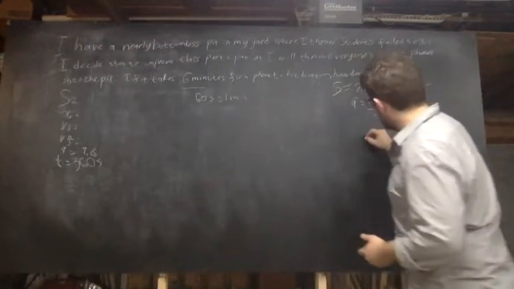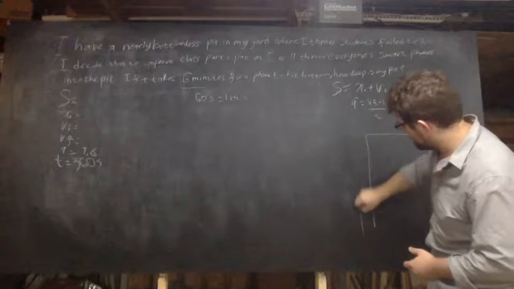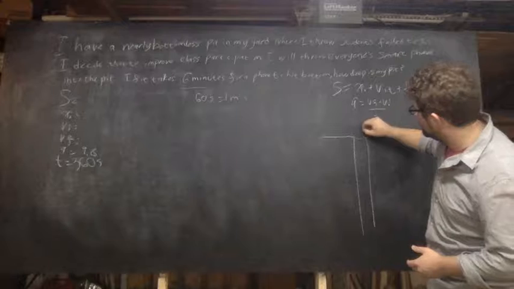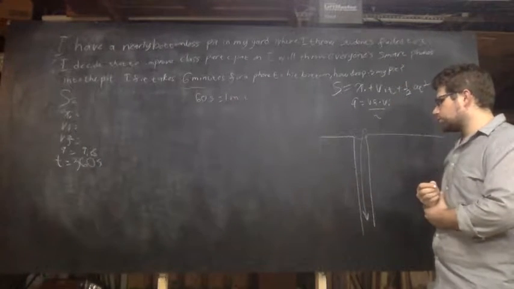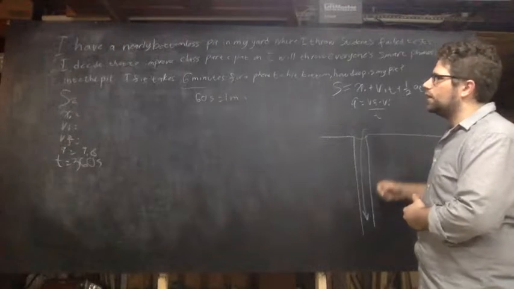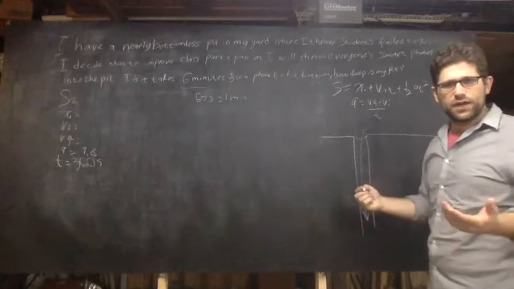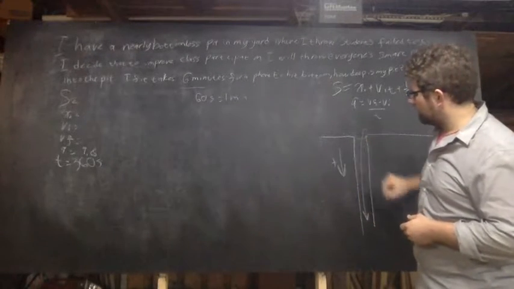We have a nearly bottomless pit here, and we're trying to find how deep it is. So, all of our motion is going in this direction. So once again, just like the last problem, let's make this direction positive.